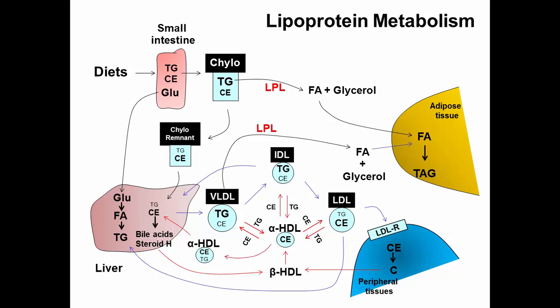So the fatty acids in this triglyceride are basically from diet, from chylomicron remnant, and from de novo lipogenesis from glucose, right? And this triglyceride is packed into the VLDL, right? So VLDL is transported to adipose tissue.